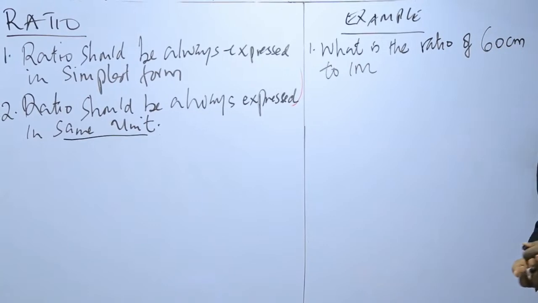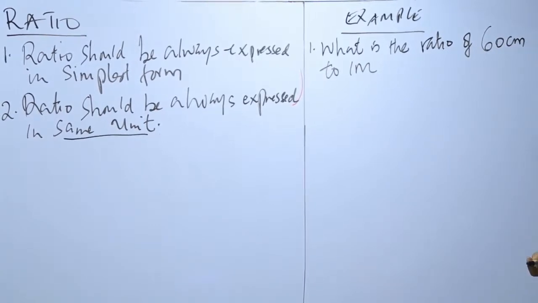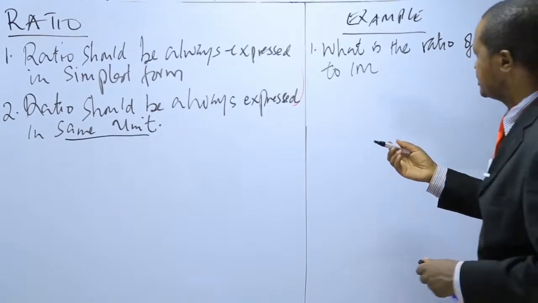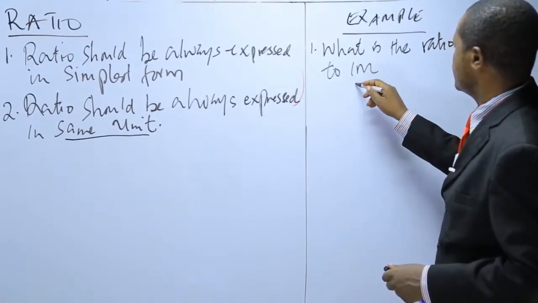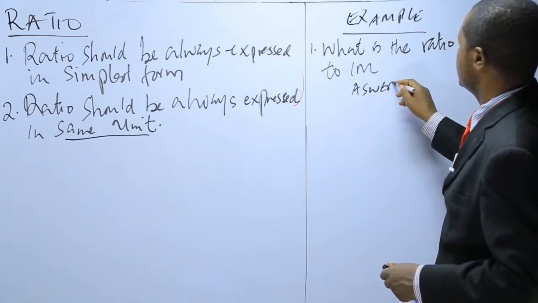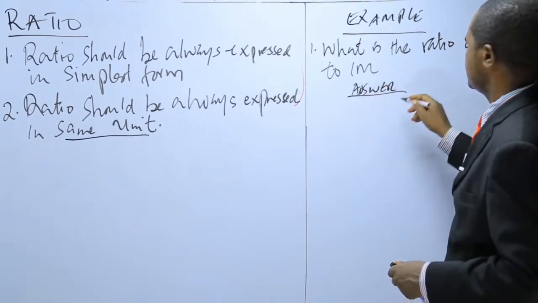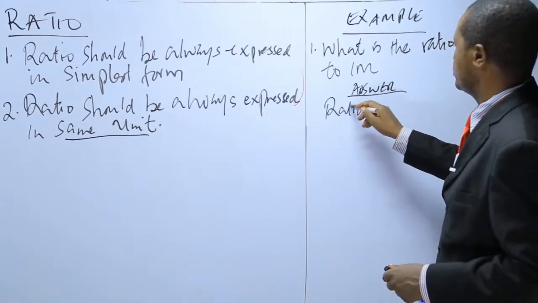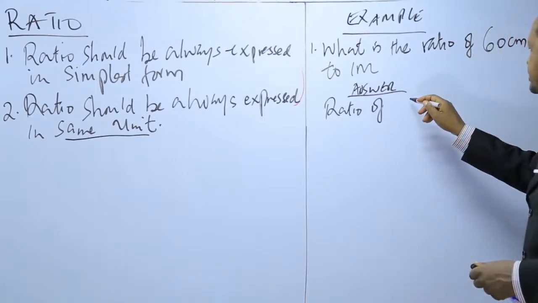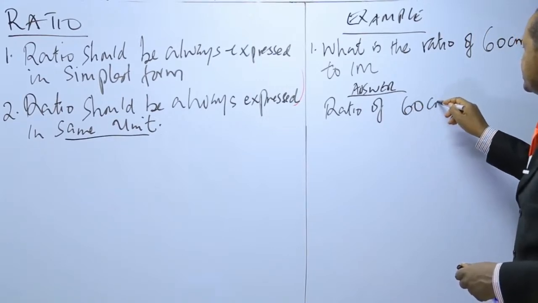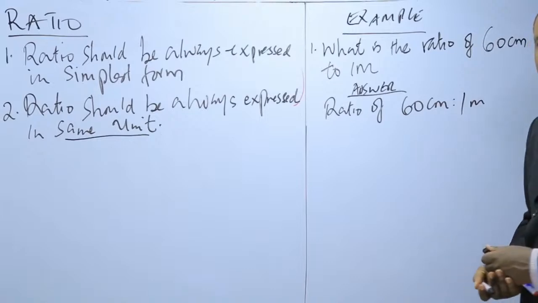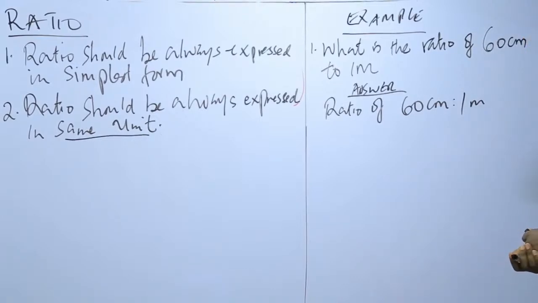What is the ratio of 60 centimeters to 1 meter? This is the answer. The ratio of 60 centimeters to 1 meter.